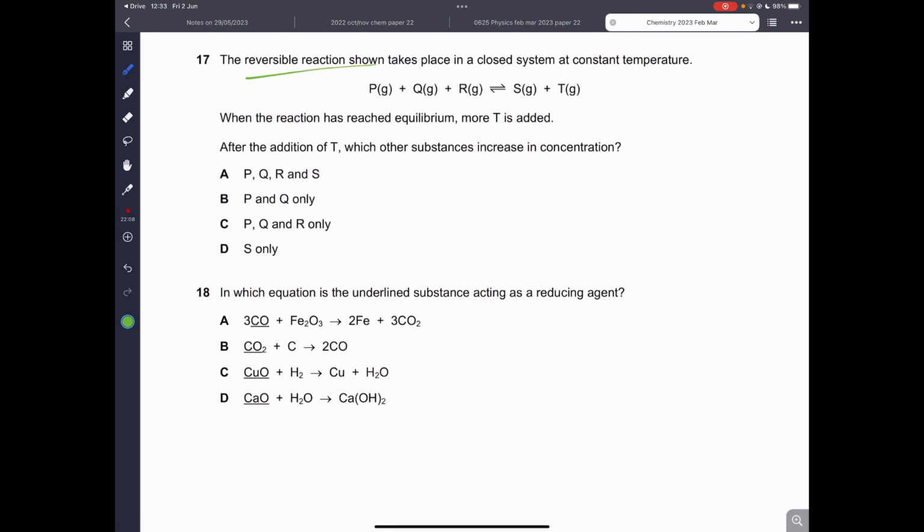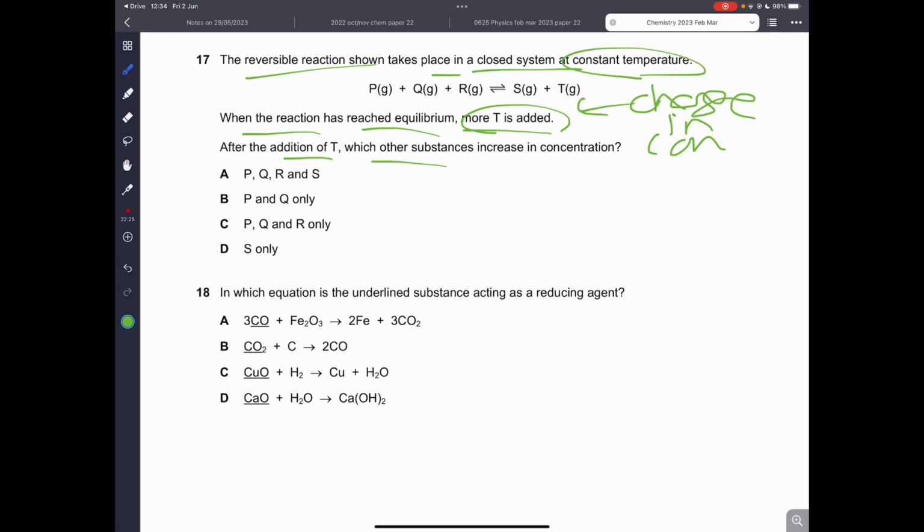Question 17, the reversible reaction takes place in a closed system at constant temperature. When the reaction has reached equilibrium, more T is added. So this is basically a change in concentration. After the addition of T, which other substances increase in concentration? Well, remember, equilibrium is all about trying to maintain the constant rate of forward and backward reactions and the reactant and product concentrations.